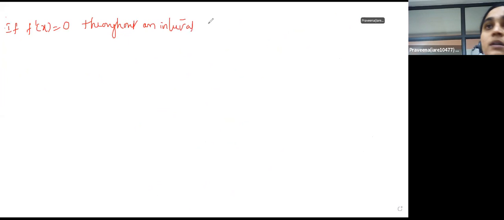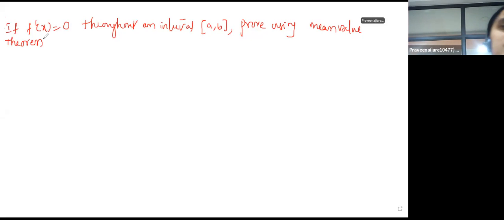Next question. If f dash of x is 0, one more example. If f dash of x is equal to 0 throughout an interval, closed interval a comma b, prove using mean value theorem that f of x is a constant in that interval.